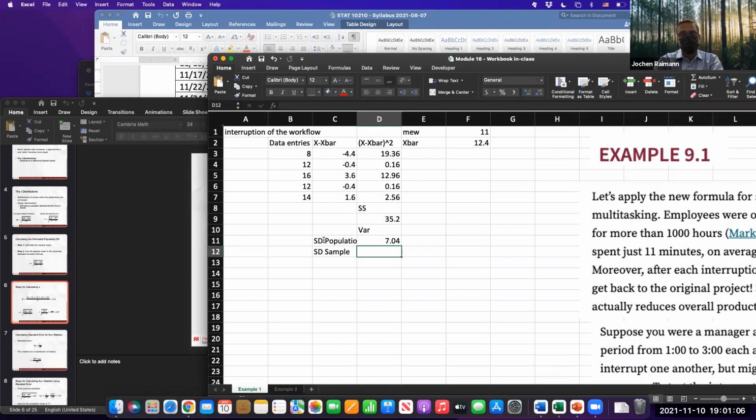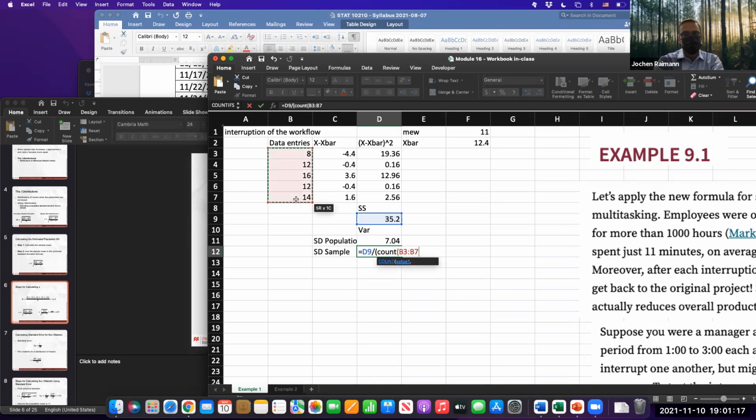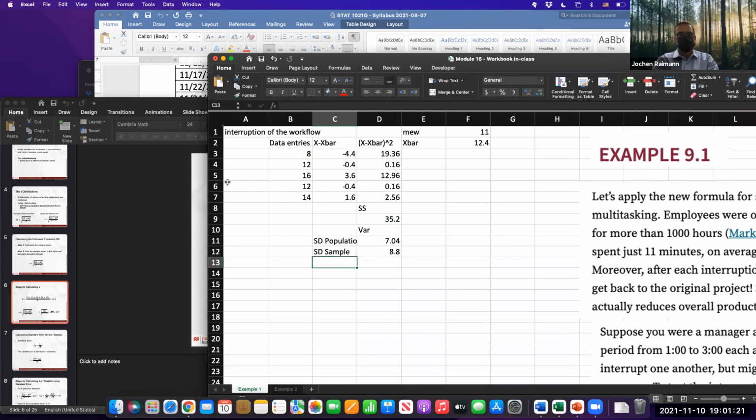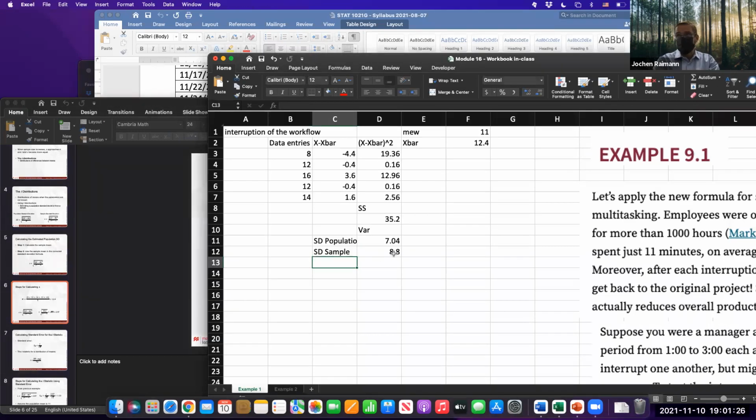And this is this divided by the count of these 5 entries minus 1, right? The degrees of freedom. This is 8.8, the variance calculated from the sample. So you see what the difference here is, right?